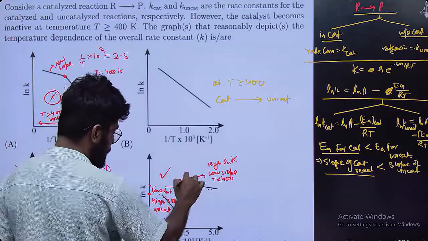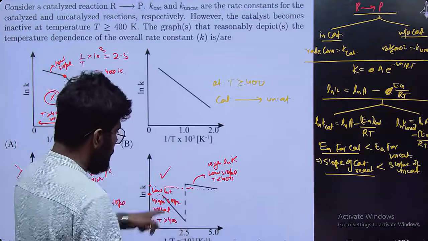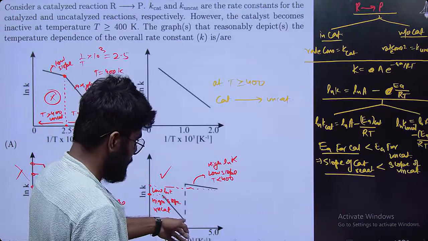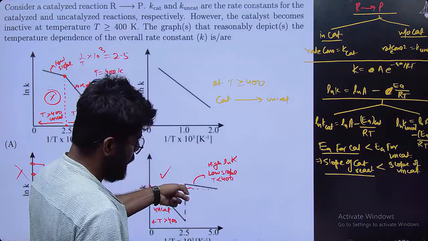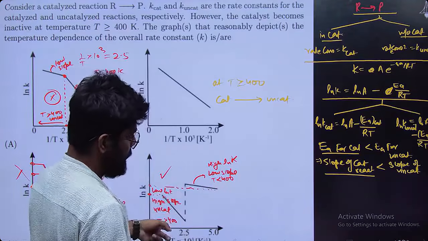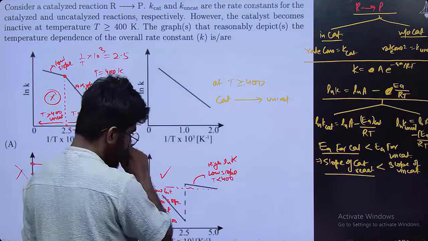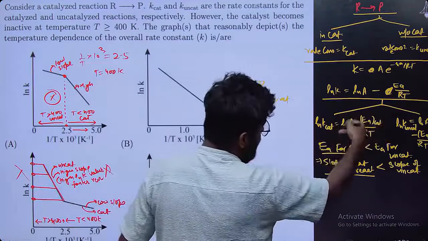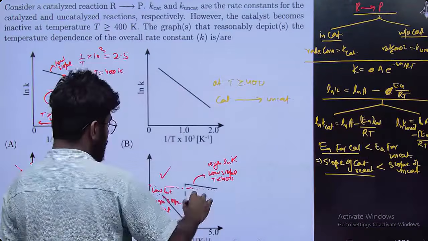So this graph correctly says the thing. It says that as soon as your temperature reaches 400, a rapid increase in the rate is observed because of the presence of the catalyst, right? So understood this? Yeah. And the graph will always have a decreasing slope because of the standard nature of this straight line equation. So this is the correct graph.